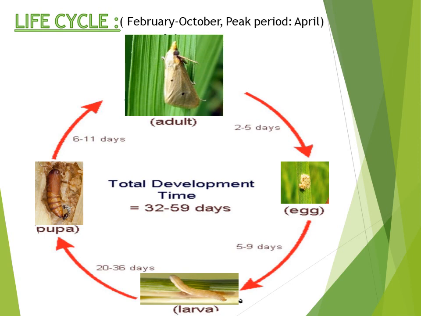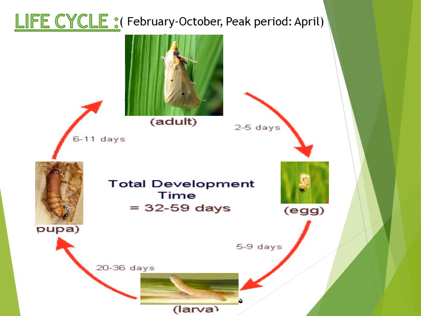Then the larvae. The neonate larvae are yellow colored, and when fully grown, they are yellowish green in color with a brown head. They can attain up to 20 millimeters in length, and the larval period is 16 to 27 days. One important point is that only one larva enters a stem. This is very important.